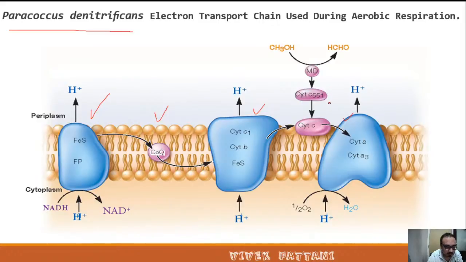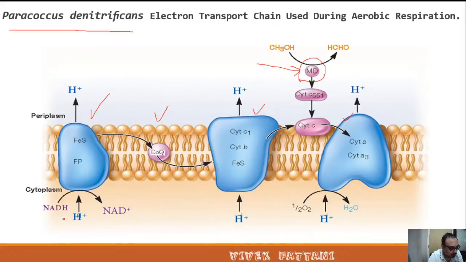But in this system you can clearly see the presence of the enzyme methanol dehydrogenase, and this is how the system in bacteria differs from the other electron transport chains.